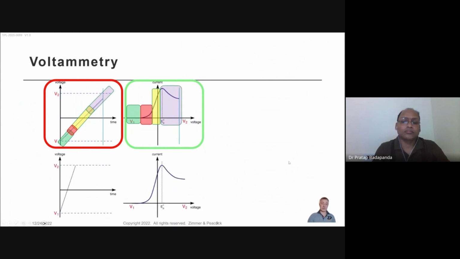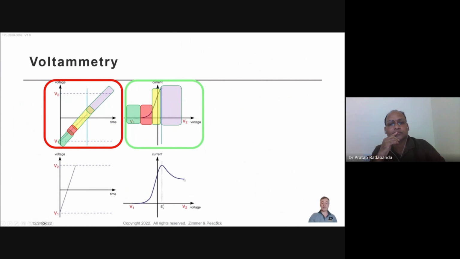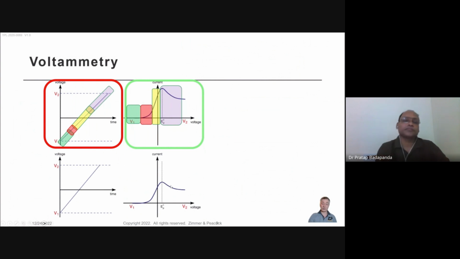Now there's a parameter that's not necessarily intuitive. It says that the faster we go from V1 to V2, the higher the peak current. And for a simple diffusional process like that of ferrocene or ferrocyanide, the peak height is proportional to the square root of scan rate, and that's because it's under diffusion control.